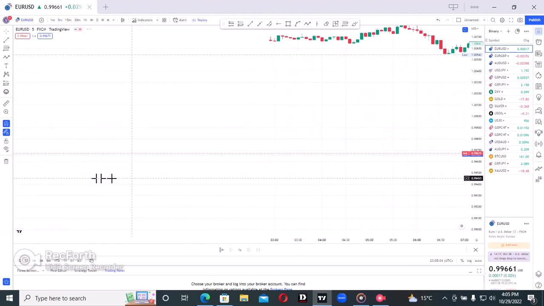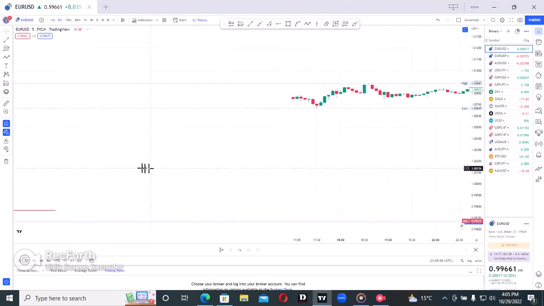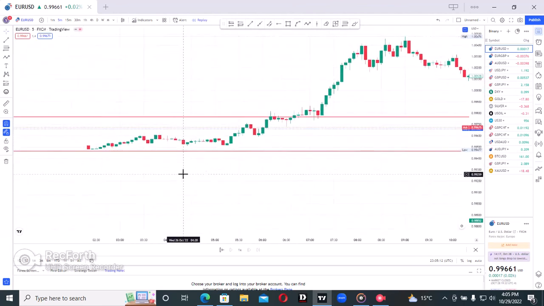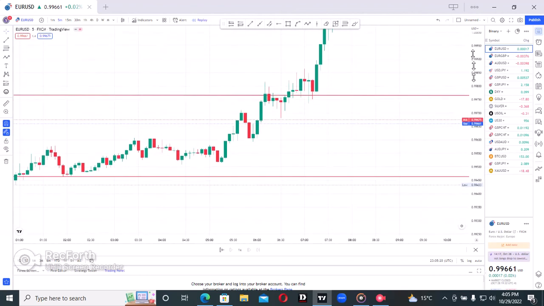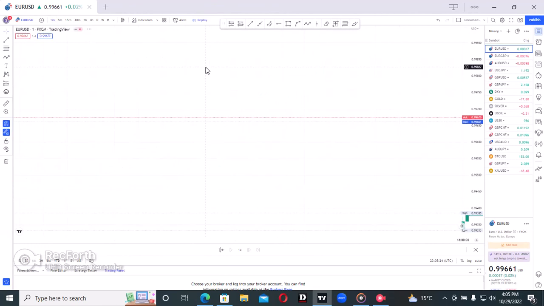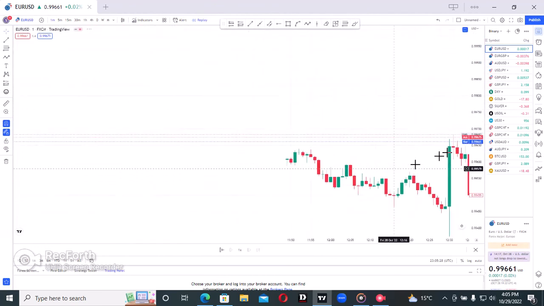I just want you to see it clearly. The more we move to the lower time frame charts, the more we're going to see the retracement. Now you can see that we have a retracement right here. I hope now it's kind of clear.